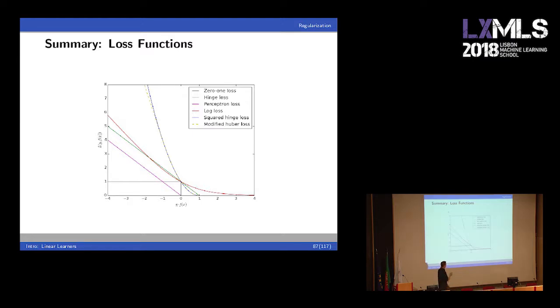Okay, so now we can summarize. We saw this plot before when we talked about objective functions, and now you understand better what I mean. This loss here is the perceptron loss. The perceptron loss didn't take care of a margin, right? So it only makes a difference between a correctly classified example with 0 loss and an incorrectly classified example with a linear loss.